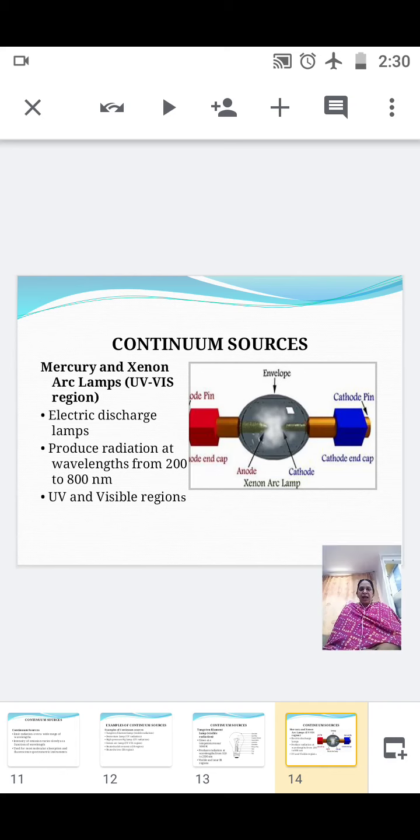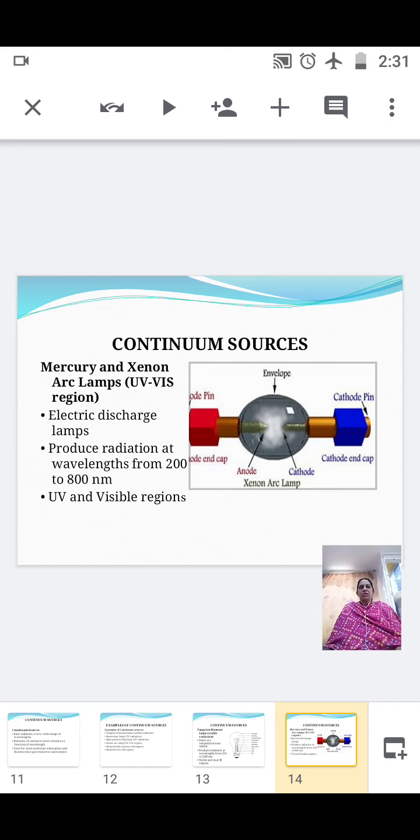You have an anode and a cathode placed inside an envelope, where the anode is heated, and you are using mercury and xenon in these arc lamps. They produce radiation at wavelengths from 200 to 800 nanometers.